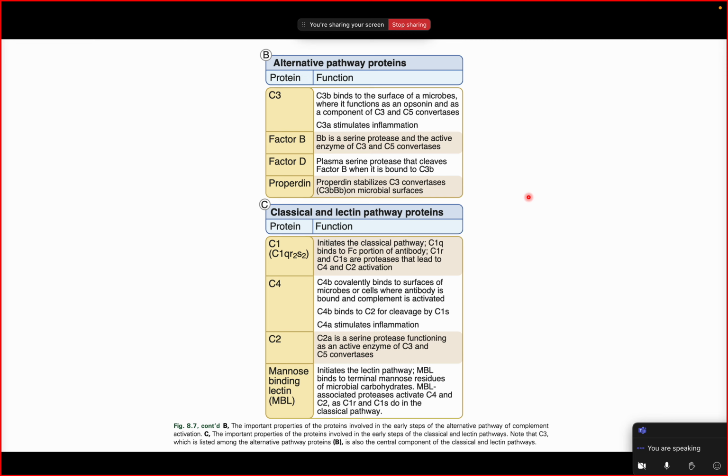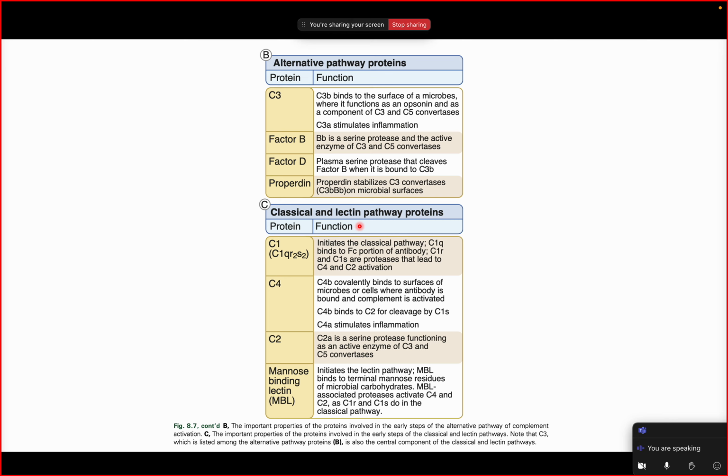When we talk about classical and lectin, you know now that both the pathways are the same, even the C3 convertase is the same, it's just how they are being initiated that is different. So C1, which is associated with the classical pathway, especially C1q r2 s2, initiates the classical pathway where C1q binds to the Fc portion of the antibody.